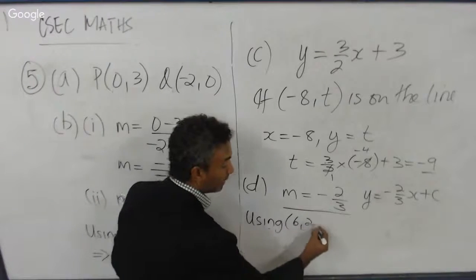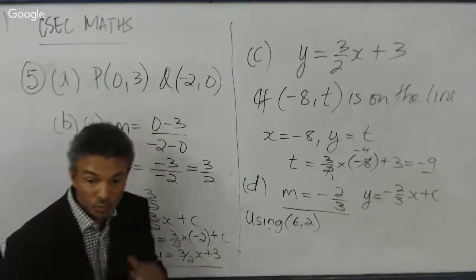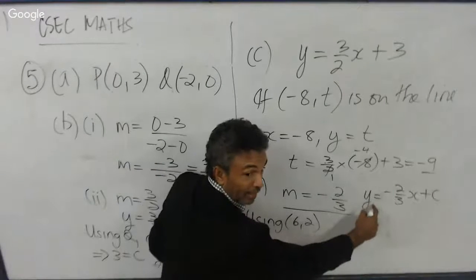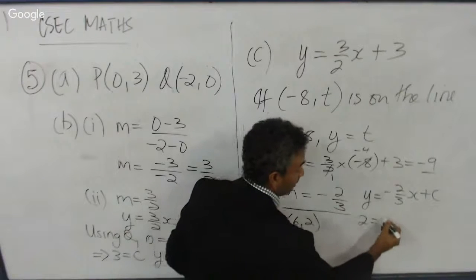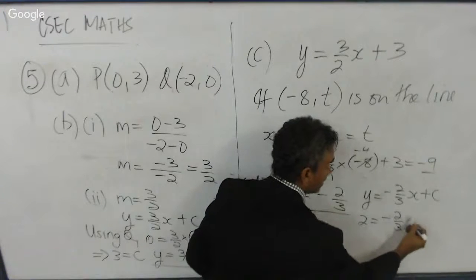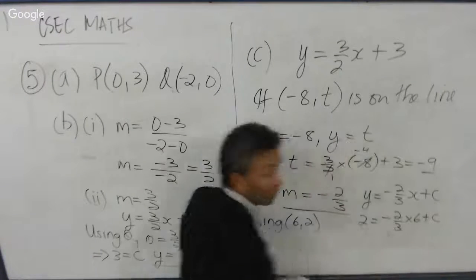Why am I using 6, 2? Because I said the line passes through 6, 2. So where I see y, I'm going to put 2, equal minus 2/3 times x, which was 6, plus c. We're trying to find c.